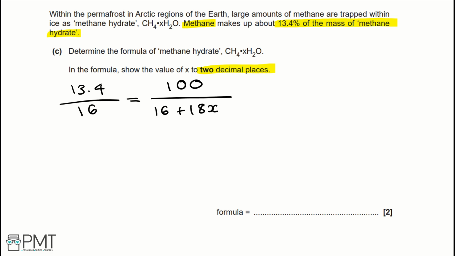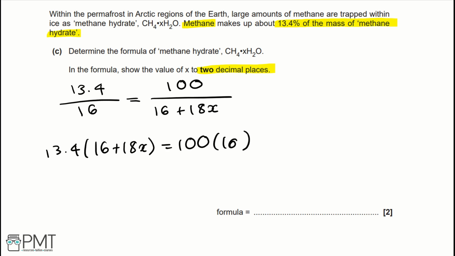If we rearrange this, we get 13.4 multiplied by 16 plus 18x equals 100 multiplied by 16. Expanding the brackets, we get 214.4 plus 241.2x equals 1600.